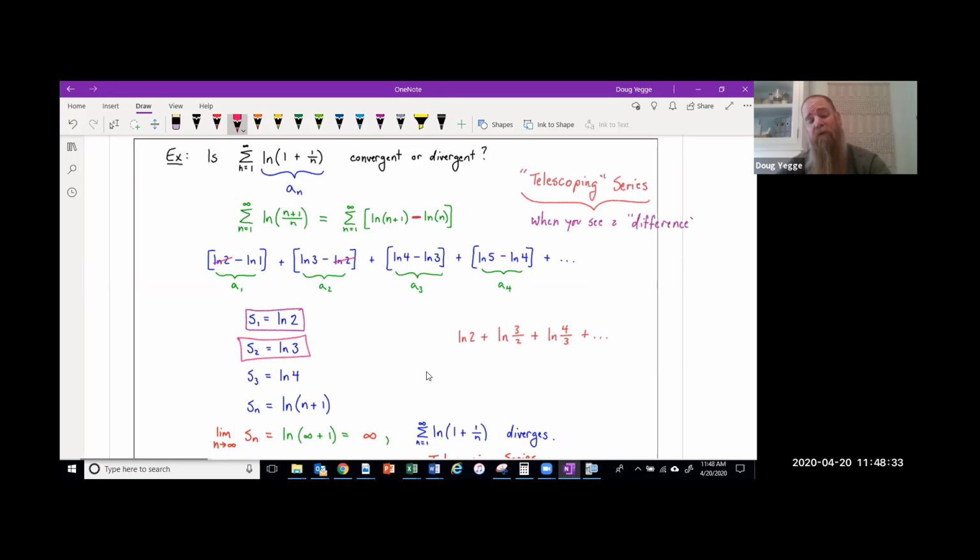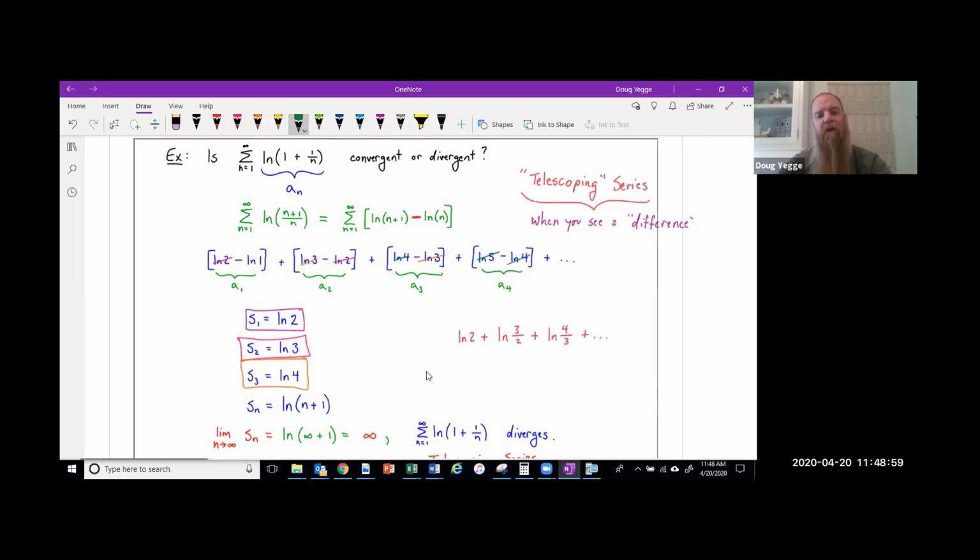But then let's add one more term. And if I add one more term, notice that by adding the next term, the ln of 3 minus ln of 3 cancels. So all we're left with is ln of 4. And then if I go on and on, the ln of 4 would cancel, and then in the next term, ln of 5 would cancel, and then ln of 6 and ln of 7 and ln of 8.